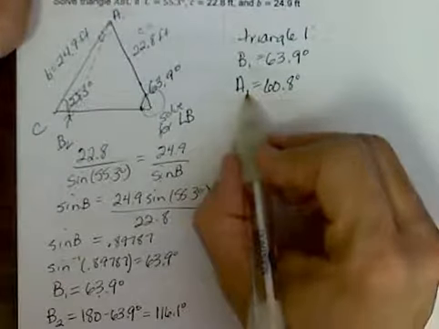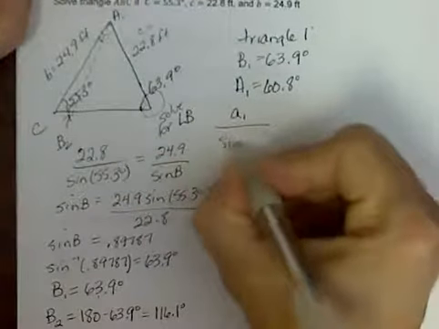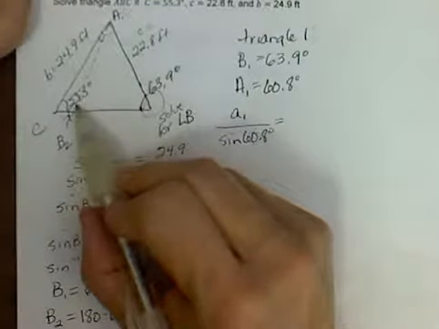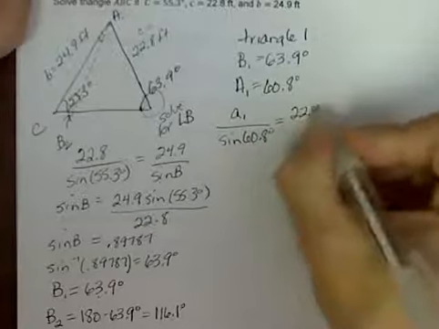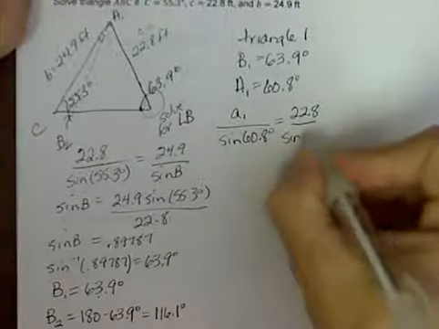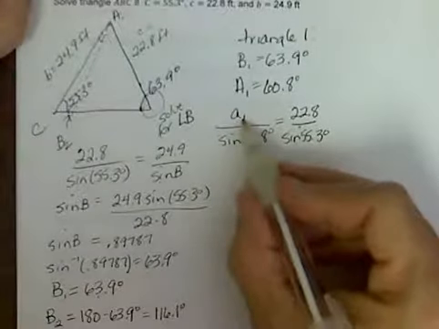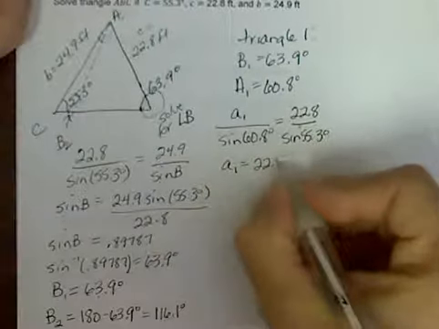Then since I have the A1, now I can find side A1 by using the law of sines. Again, for this, I'm going to use the two quantities I was given in the first place, which were the side C and the angle C. Then to solve this for A1, I just have to multiply both sides by the sine of 60.8 degrees.